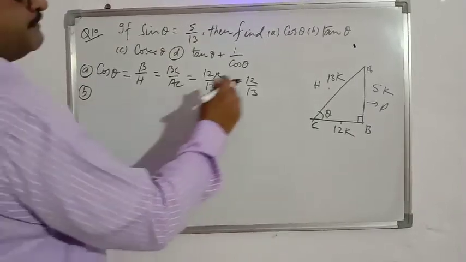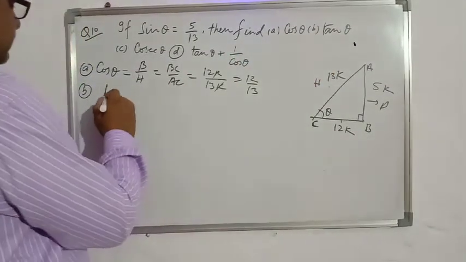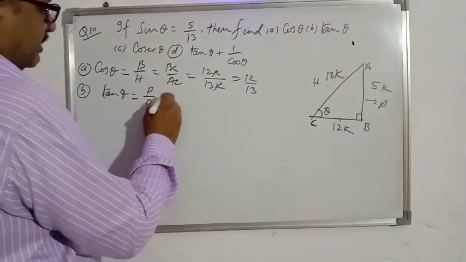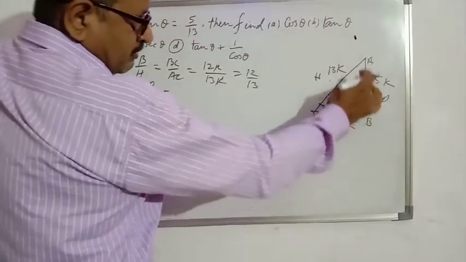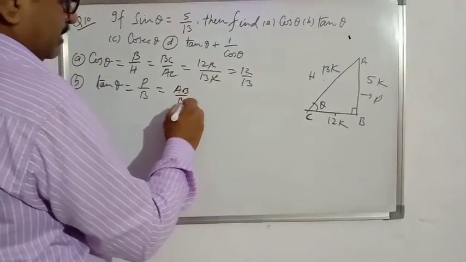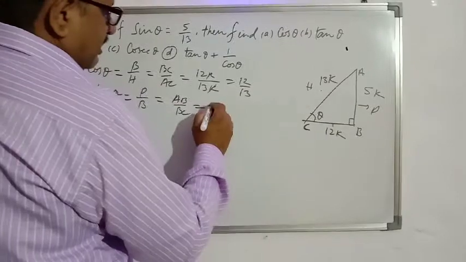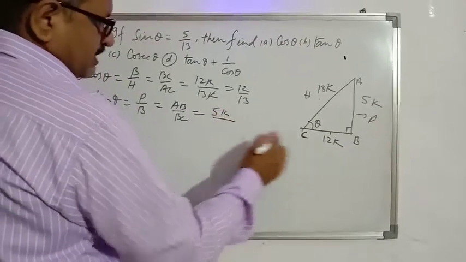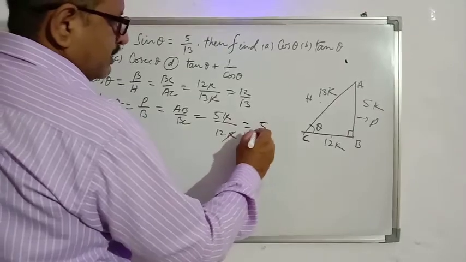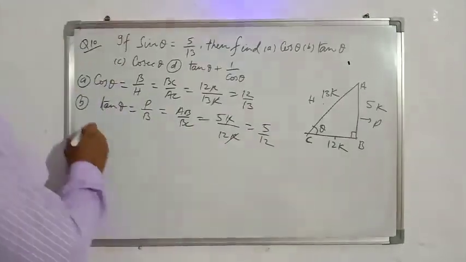Next, part B, tan theta. Tan theta is perpendicular by base. Perpendicular is AB, base is BC. AB by BC. AB is 5K, BC is 12K, K cancels with K, we will get 5 by 12.